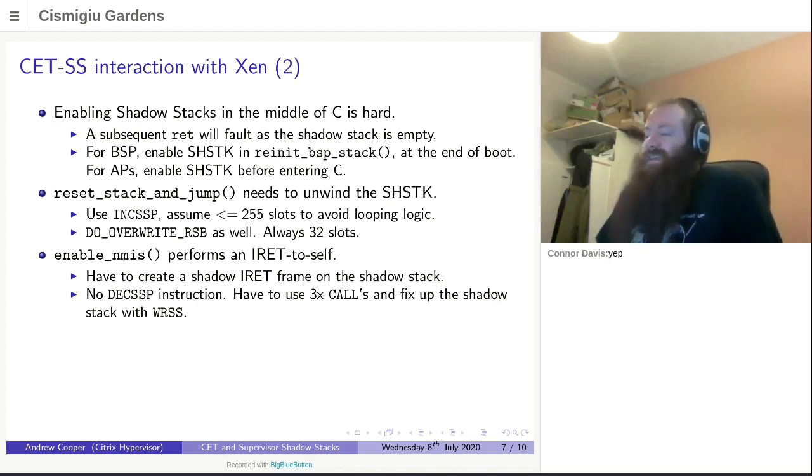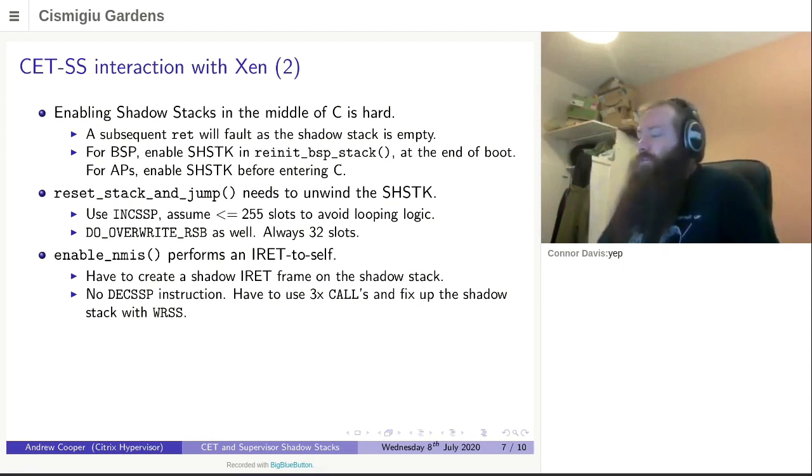Doing this with the shadow stack's a little bit harder. We've got INCSSP to unwind the shadow stack, but there's no DECSSP. There's no way to add new words to the shadow stack. Well, there is. You can execute call instructions. So we have a bit of call-oriented programming in enable_nmis to allow the processor not to fault when it takes an IRET, in this case.